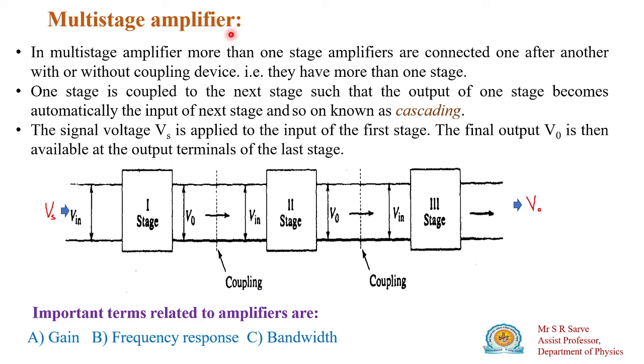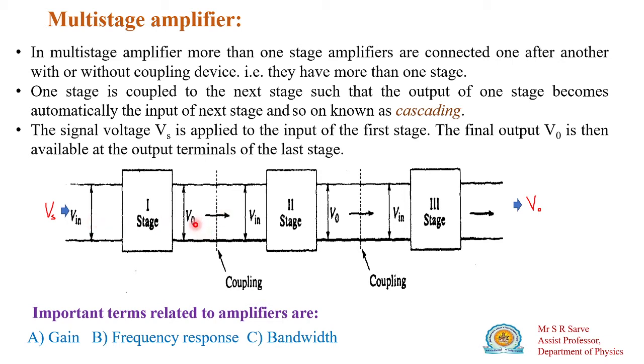Generally, common emitter amplifiers are used. In a multi-stage amplifier, here there are three stage amplifiers: the first stage, the second stage, and this one is the third stage. If you supply the input to the first stage, it generates an output with strength greater than the input.